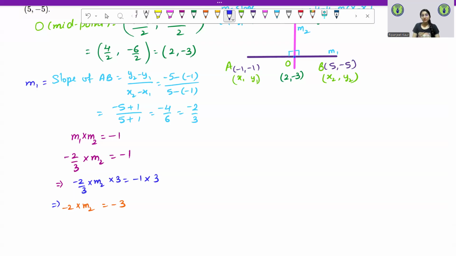Okay, is the -2 getting subtracted with m2? Where is the subtraction happening in between them? Is -2 and m2 getting subtracted with each other?